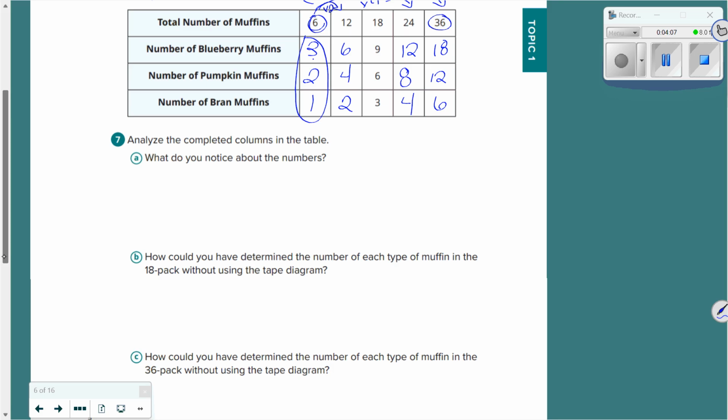They're all multiples of 6. And then the second row, they're all multiples of 3. And in the third row, they're all multiples of 2. And in the fourth row, they're all multiples of 1. So we are making equivalent ratios.